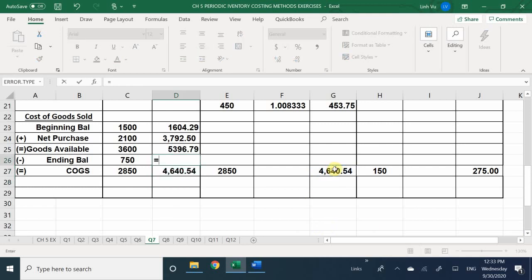And with that being noted, we can subtract to find our ending balance of $756.25.